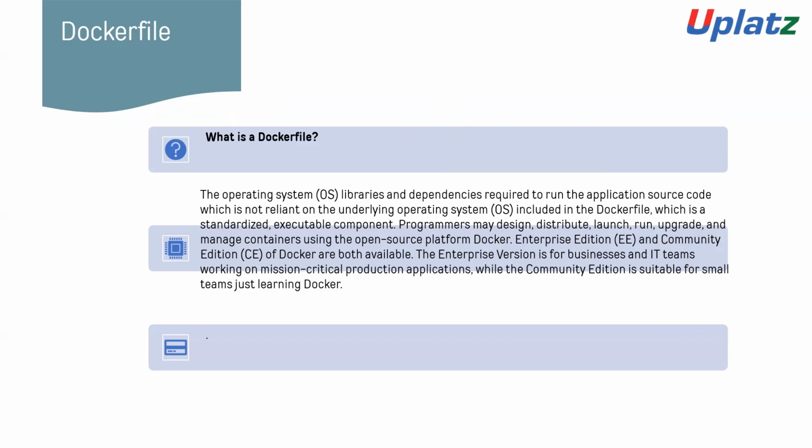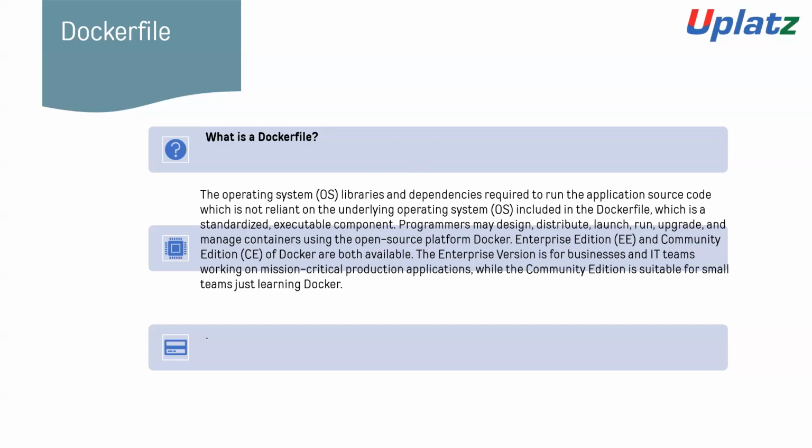You can say it's a customized Docker image, where we instruct which services you want to start and which files you want to copy from one location to another. All these we'll discuss in the Dockerfile.